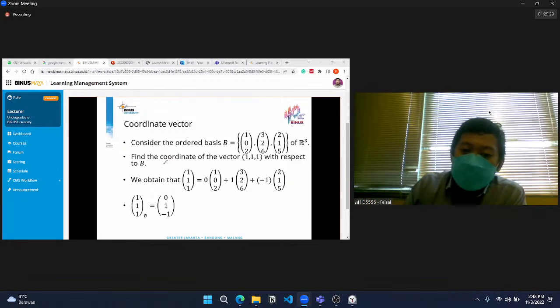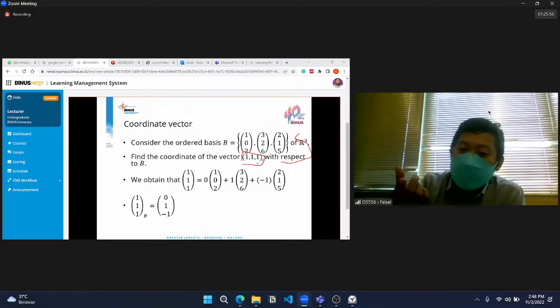And then we ask what is the coordinate of the vector (1, 1, 1). But is this vector already a coordinate? No, because we ask for the coordinate with respect to B. So this is not the coordinate with respect to B. (1, 1, 1) is a vector.